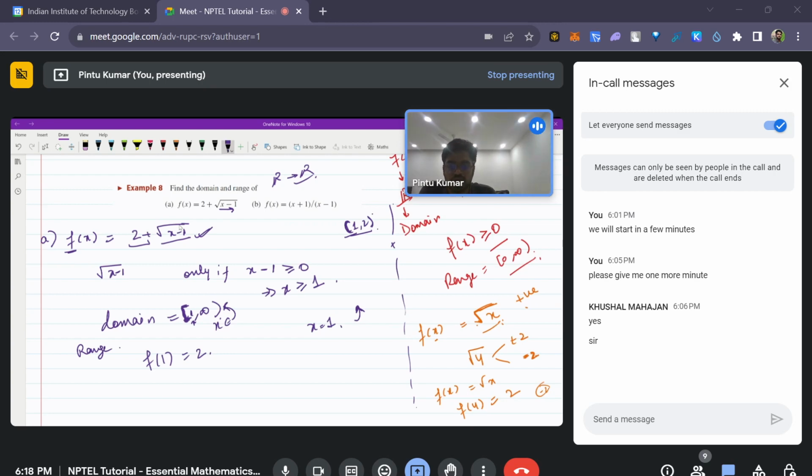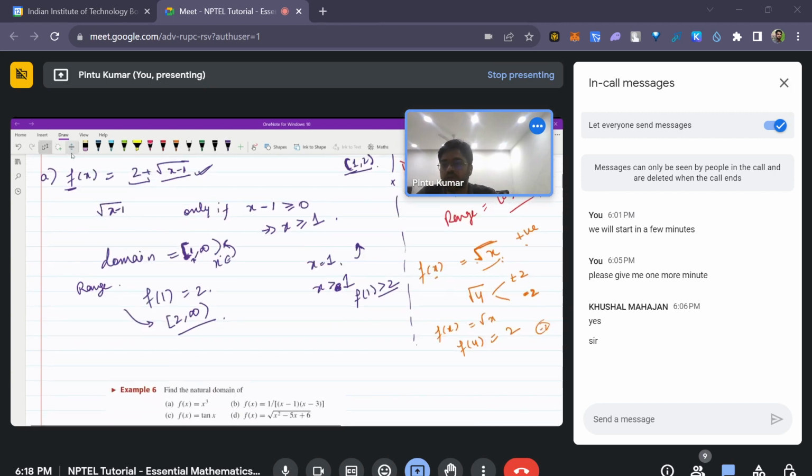So for x greater than 1, f of x will be gradually increasing and it will be greater than or equal to 2. So what is the range? The range that you obtain is 2 comma infinity. Okay. Hope this was clear.